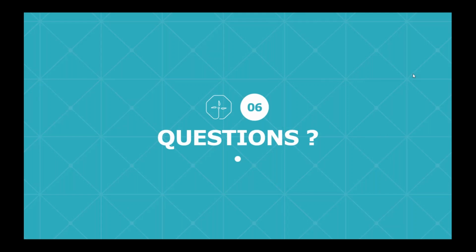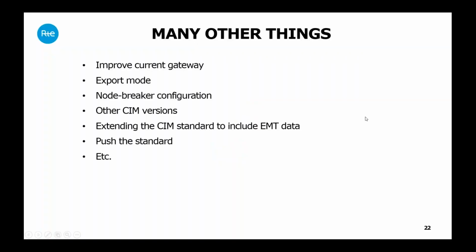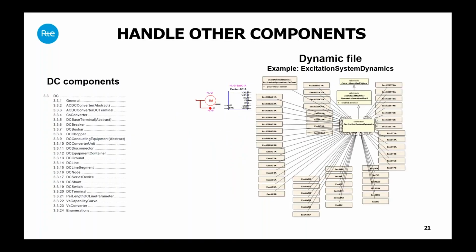Okay. And what about the control models or control system models? Yes, so control models, here they added a dynamic file in the new CIM standard, and we have the standard controllers.